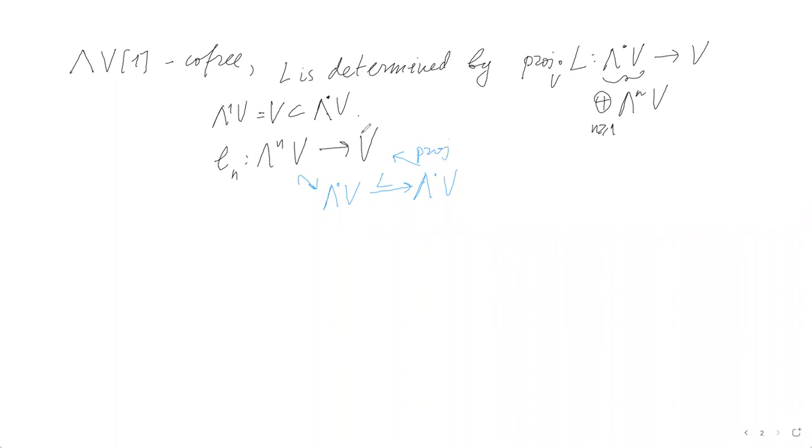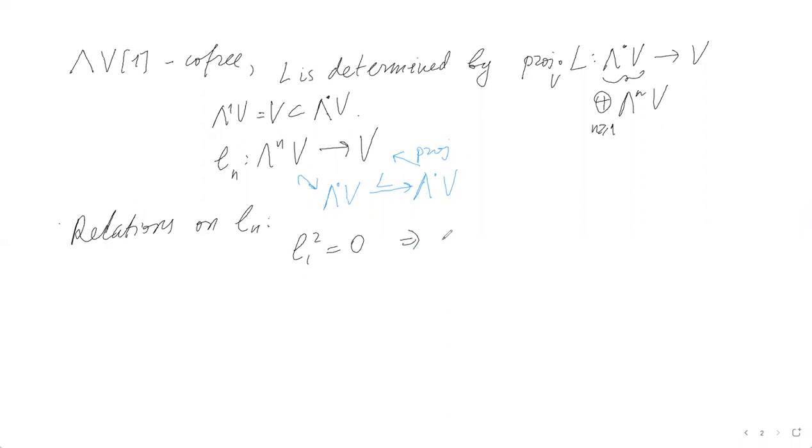So this is Ln, and these Ln, I told you, verify certain algebraic relations. These relations are easily seen as follows, at least the first three of them. The first relation is very easy. It is just L1 squared is equal to 0.